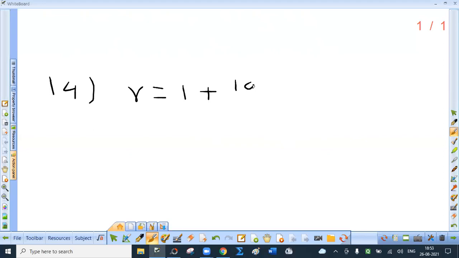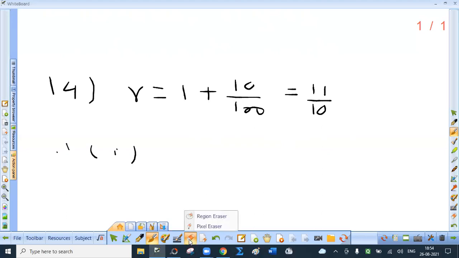Percent means per 100, for every 100. So 10 upon 100. That is 11 by 10, 11 by 10 times the original number. Therefore, write down the number after 3 years.